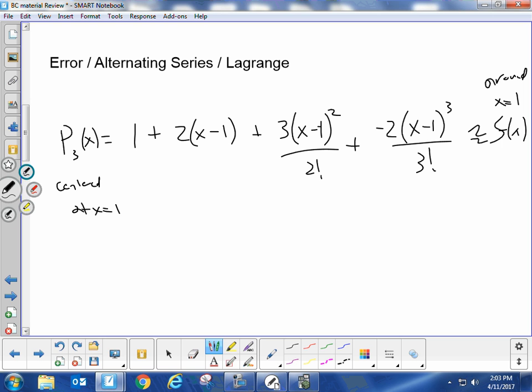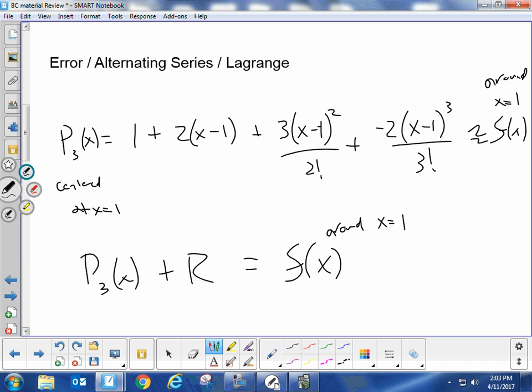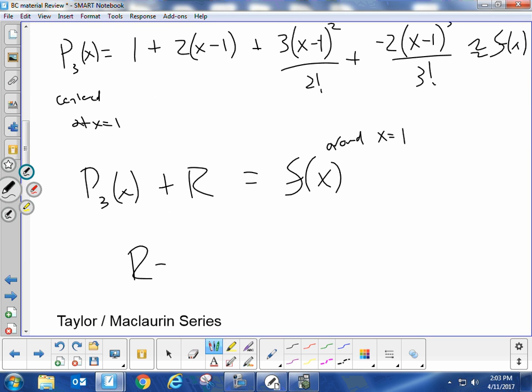Well, Lagrange found that if I took this 3rd degree Taylor polynomial and added a remainder, I would get the exact value of f of x around x equals 1. And he discovered what r could be. He discovered r is just the next term of the Taylor polynomial. It would be the 5th term with the 4th power. So he said, okay, r has got to be x minus c to the next power over the next power's factorial.